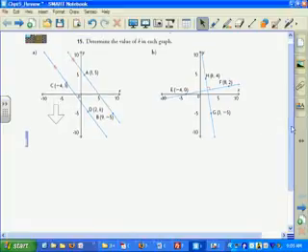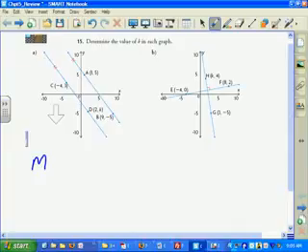Let's take a look at this. Alex just said something that's key: these two lines are parallel, which means that their slopes are the same. So let's write that down here.